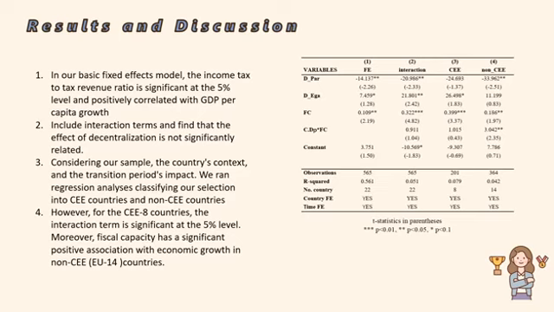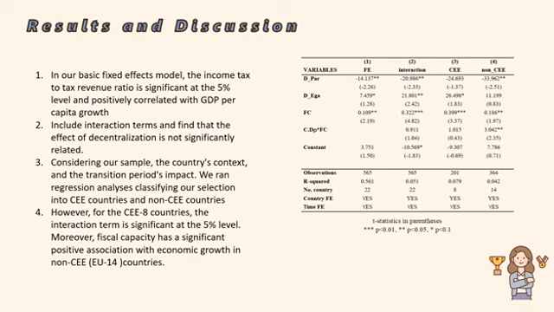Then we included interaction terms and found that the interaction effect is not significantly related. To the extent possible, this reflects that the state's fiscal capacity does not substantially affect the moderating impact of democracy on economic growth in our sample.